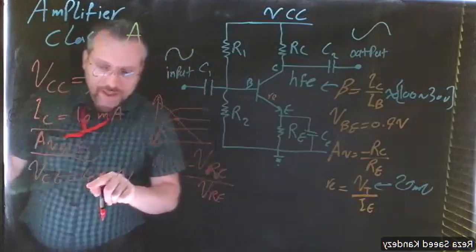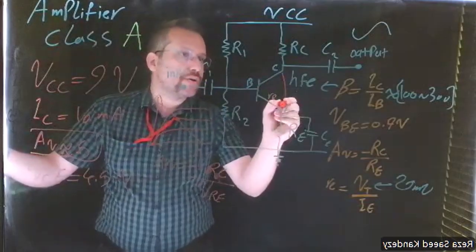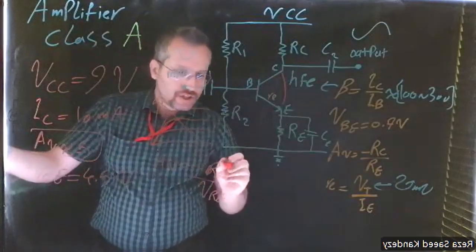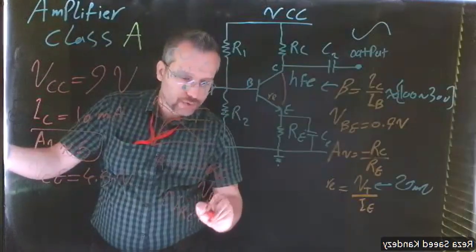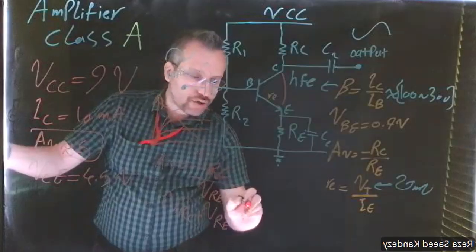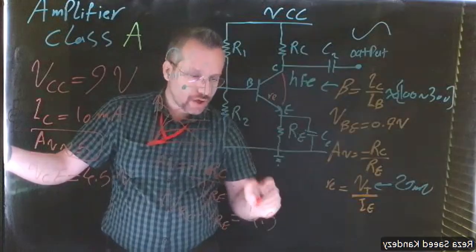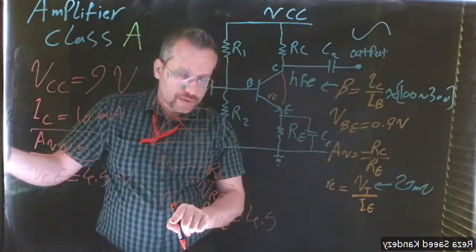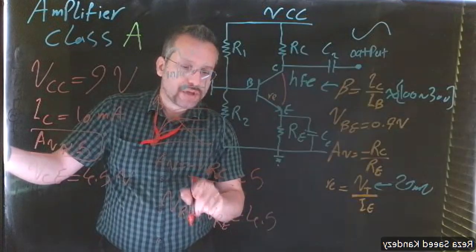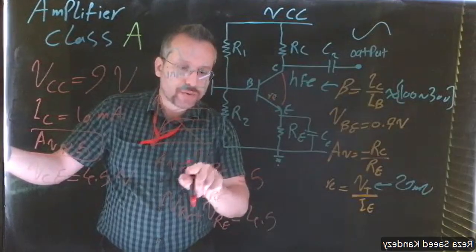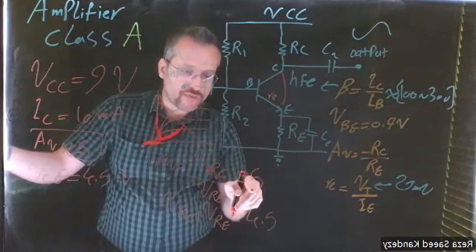Now we have 4.5 across our collector, that means the voltage across RC plus the voltage across RE is also 4.5. This is a KVL. Now this one is supposed to be 5 times bigger than this one. Neglect this minus part, it is for AC. We want the amplitude. So it's 5 times this one.